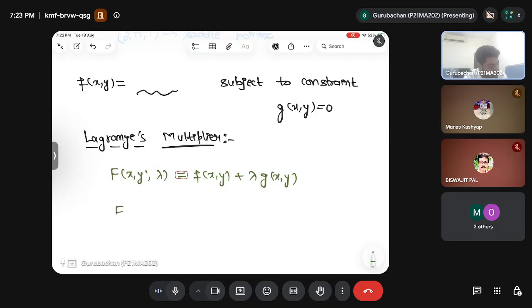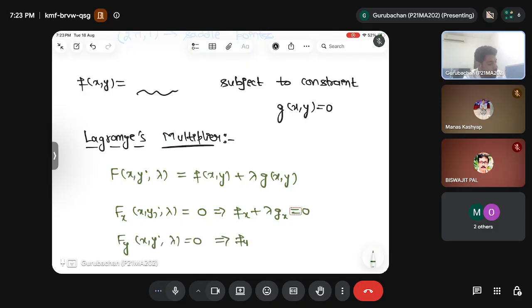So when the partial derivative of F(x, y, lambda) with respect to x is 0, that means f_x plus lambda times g_x is 0. With respect to y is 0, that means f_y plus lambda g_y is 0.